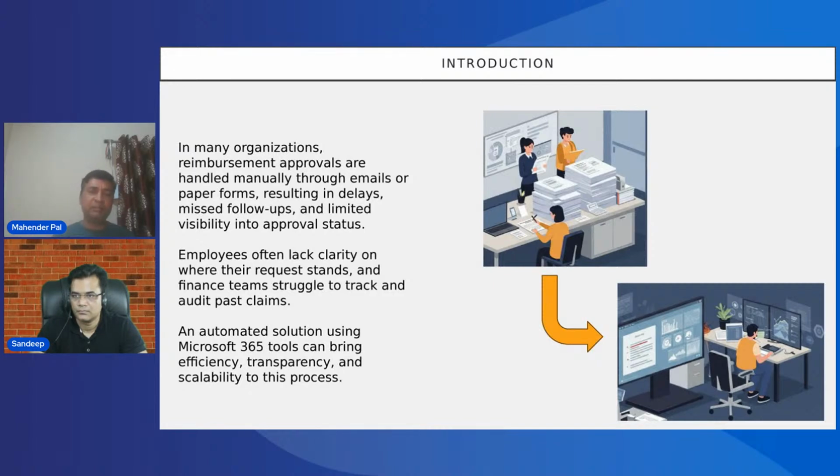And maybe in between, if they have many forms and many requests, they can misplace your request as well, right? So there are chances that this complete process can be delayed, and you won't get your amount in time, or maybe the form is totally misplaced, and you need to restart the process again, right?